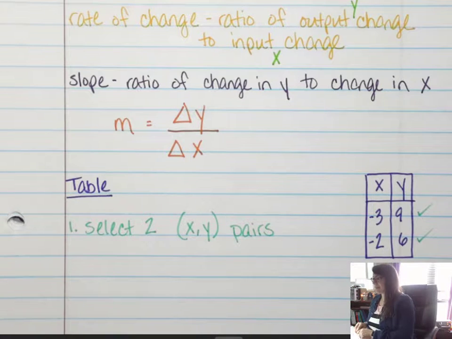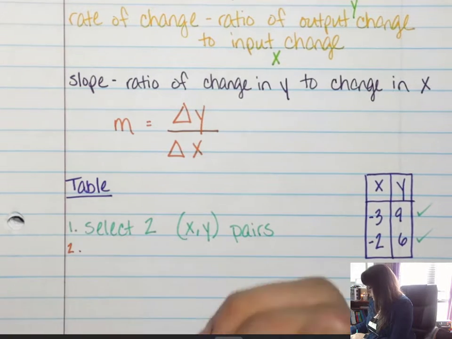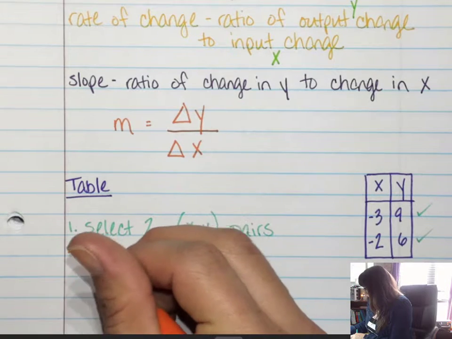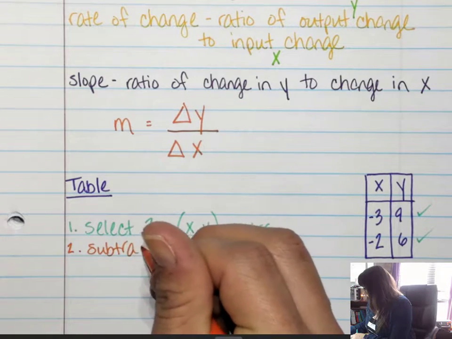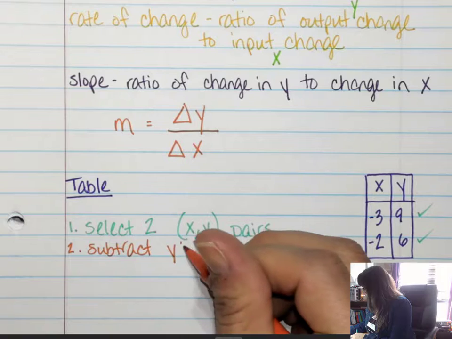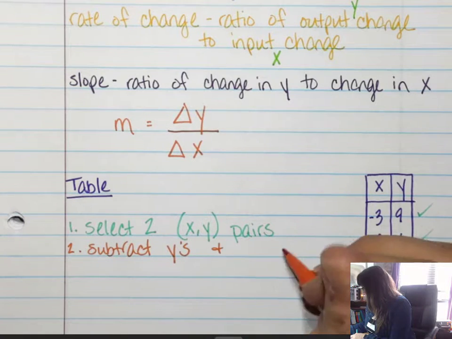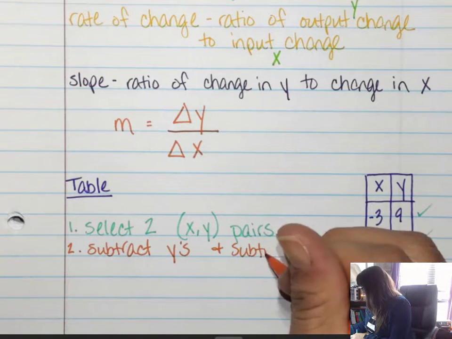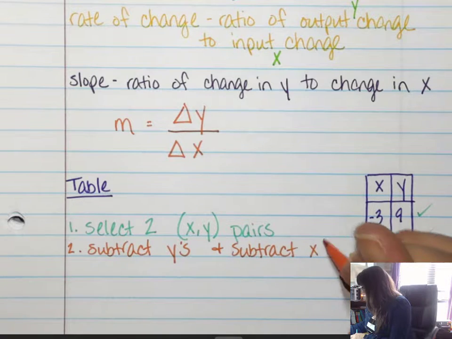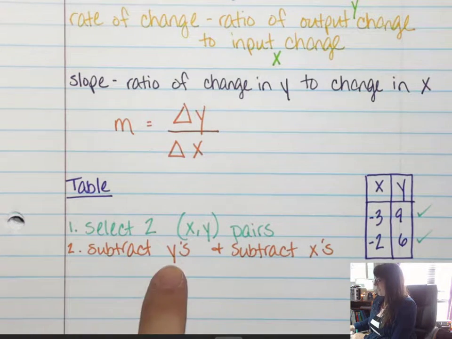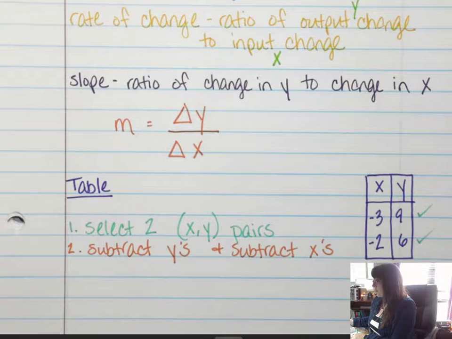It makes the math really easy. Because step 2 is to subtract. Oh, and subtracting from 0 is super easy. Subtract y's and subtract x's. I don't want to say subtract x's and y's because you're not subtracting x and y.